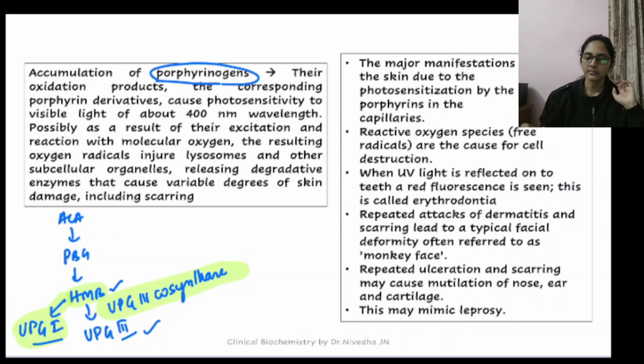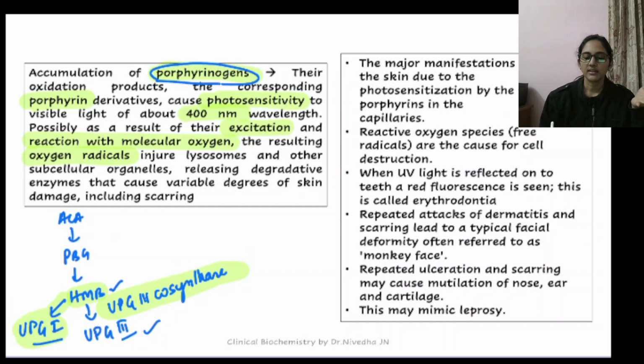All right. So here again, why is there photosensitivity? The porphyrinogens will get auto-oxidized to their corresponding porphyrins, and they will cause photosensitivity when exposed to visible light of about 400 nanometer wavelength. This is a result of their excitation and reaction with molecular oxygen that leads to production of radicals.